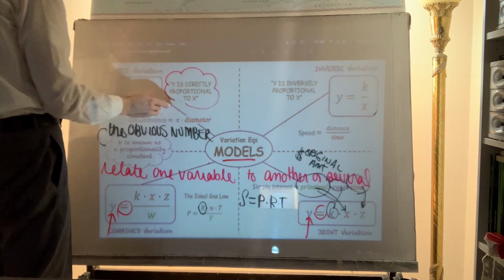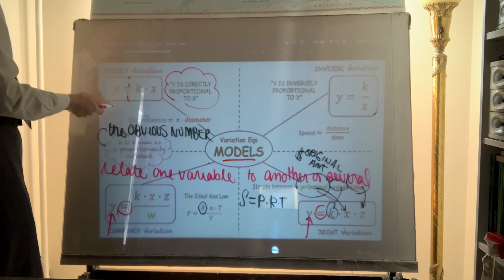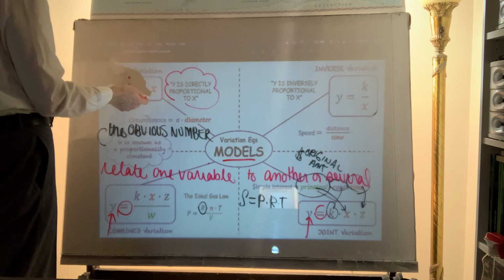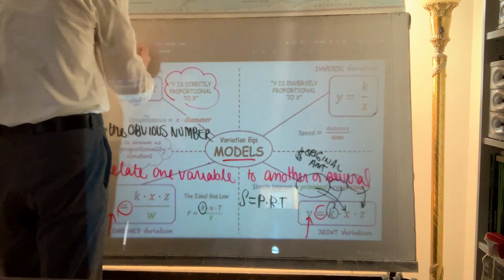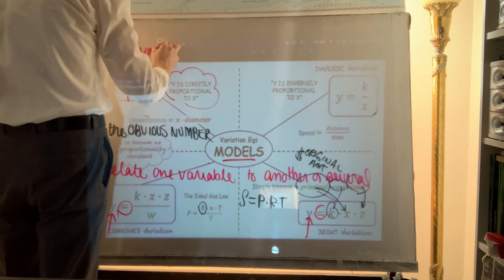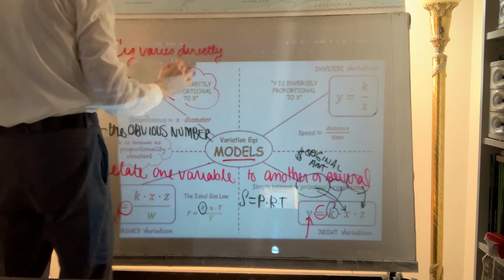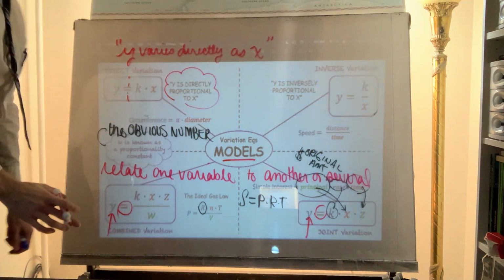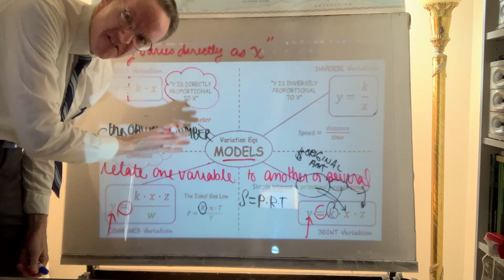Y is directly proportional to x means y is sitting on one side of the equals sign, and x is the only variable on the opposite side. But an alternative way that they might say is y varies directly as x. It's not wrong to say it that way, but to me, at least, it seems kind of vague.